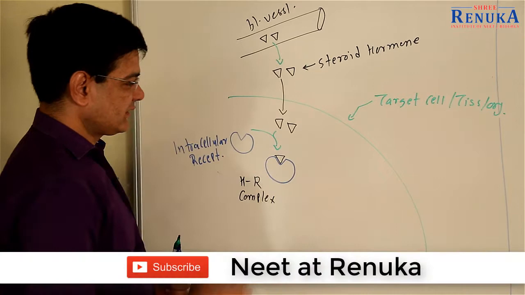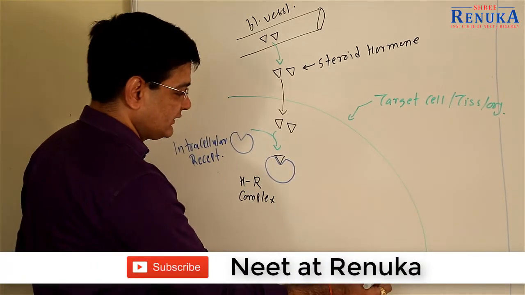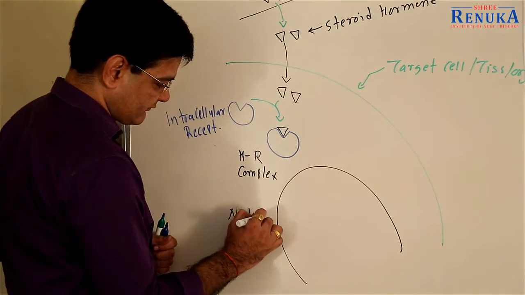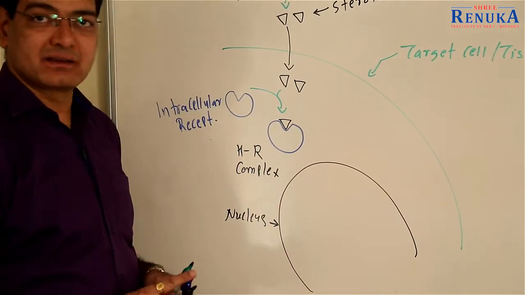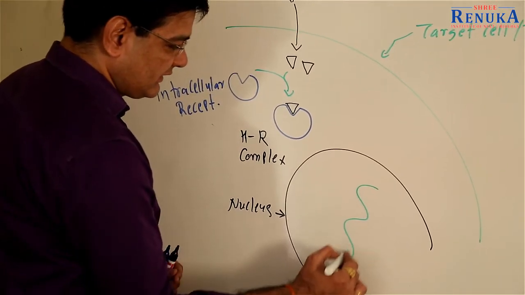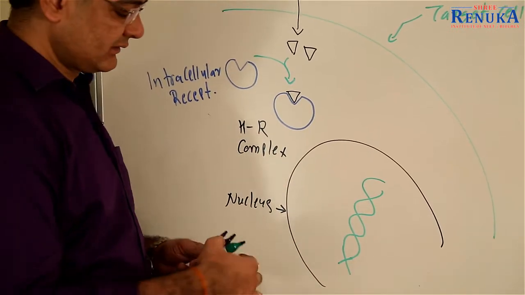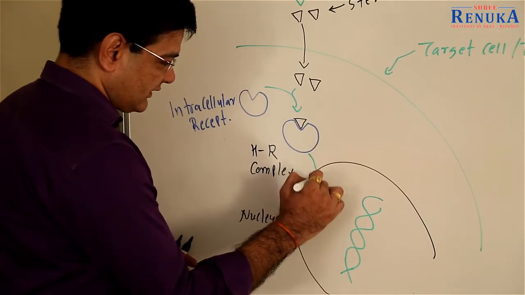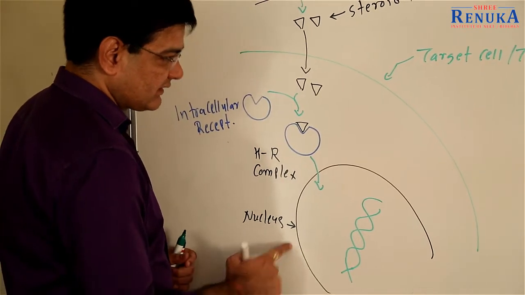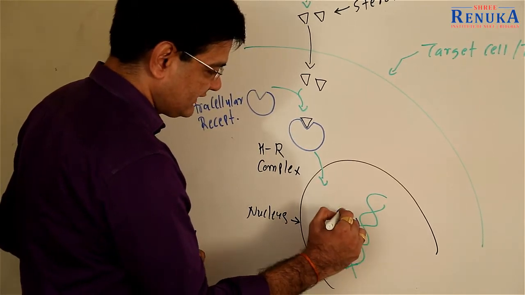This hormone receptor complex formed in the cytoplasm now enters inside the nucleus of the target cell. We know very well inside the nucleus the genome is there, simply in the form of DNA. Now this hormone receptor complex enters into the nucleus of the target cell and then binds with the DNA at the specific site.